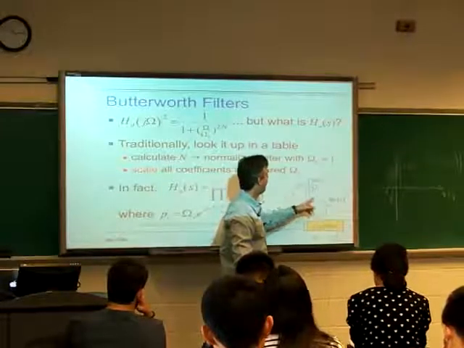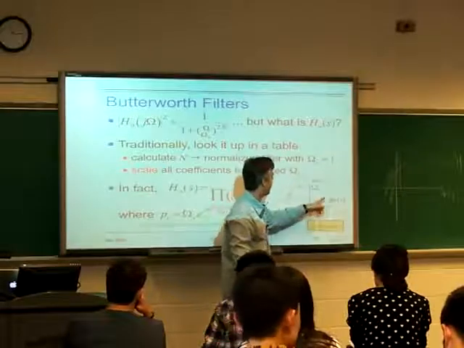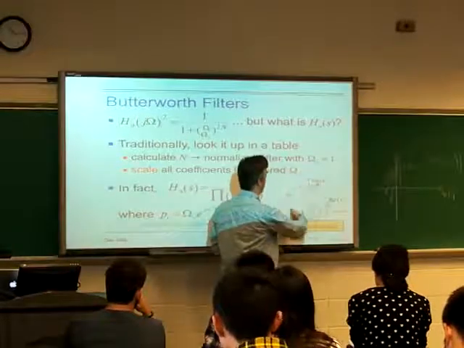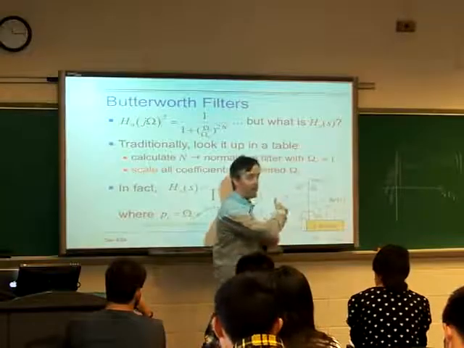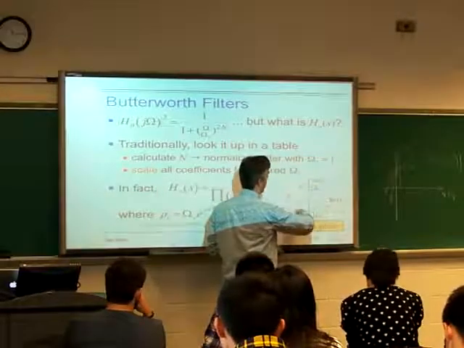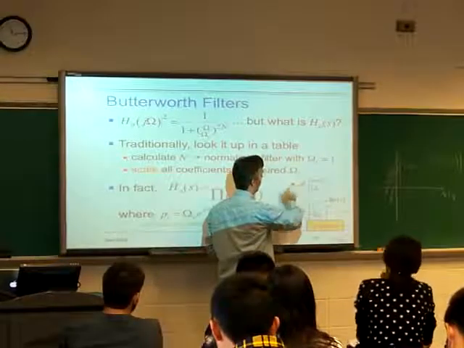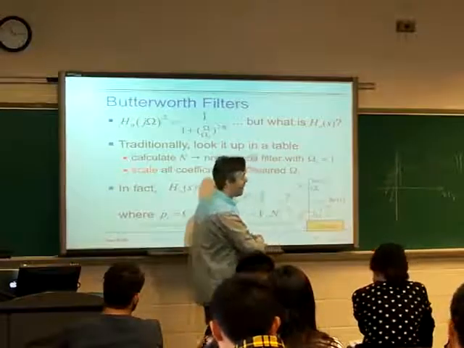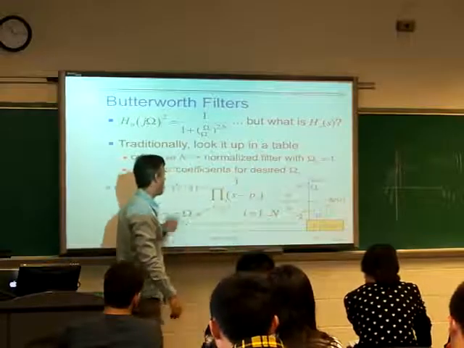No, sorry. They're the odd-indexed 4n roots of 1 on this circle. By keeping only the odd index, we end up with half of them, and then by keeping only the left-hand half plane, we end up with a quarter of them. So we take the circle, we divide it up into 4n parts, and then we keep every other one if the real part is negative. And that gives us n poles, which are these poles on this semicircle.